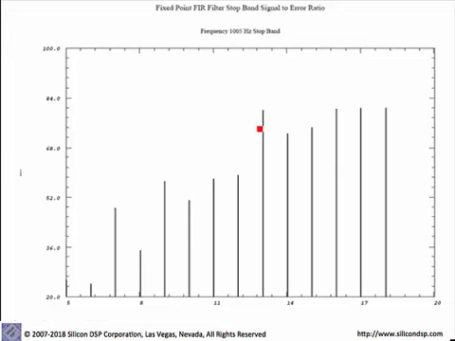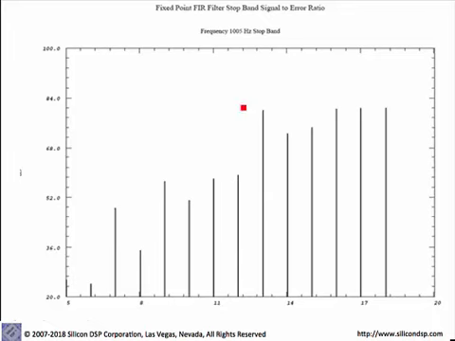So using iterative simulations like this, we can actually find the operating point in which we are satisfied with the performance of the filter given a certain number of bits in order to represent the word length and fractional part. These simulations also include the fact that we're rounding at the end of the accumulator.